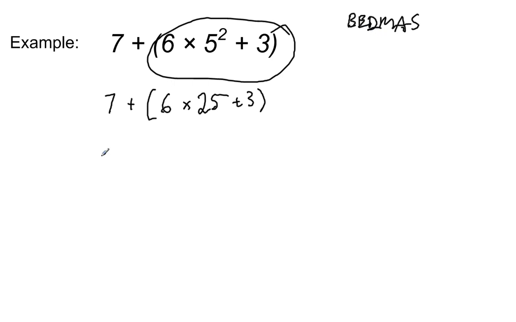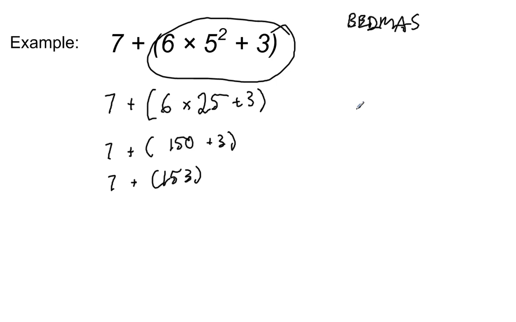The next would be multiplication. So 7 plus 6 times 25 is 150, plus 3. All right, I've done the multiplication. Next is adding, again all inside the brackets. Add them all up.